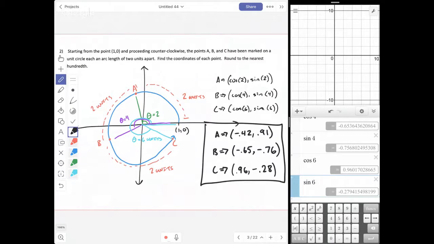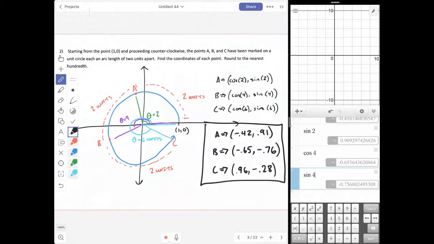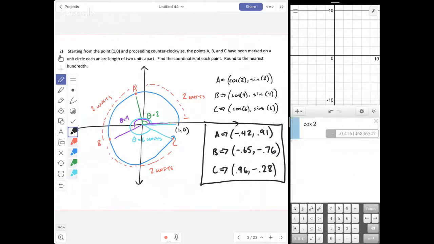Unless I see some questions in the next few seconds, I will move on to number 3. Since I am in Desmos, it's worth noting that we could see this really clearly over here.